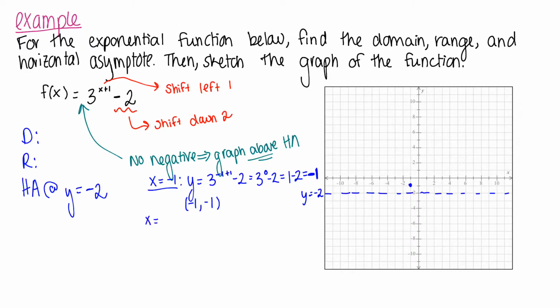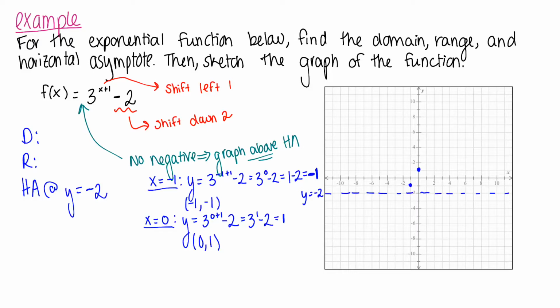You need at least 2 points. And I'm just going to start going upwards. So the next number would be 0. So y equals 3 raised to the 0 plus 1, minus 2. So 3 raised to the 1 minus 2. That's just 3 minus 2, which is not negative. It is +1. So this is the point 0, 1.